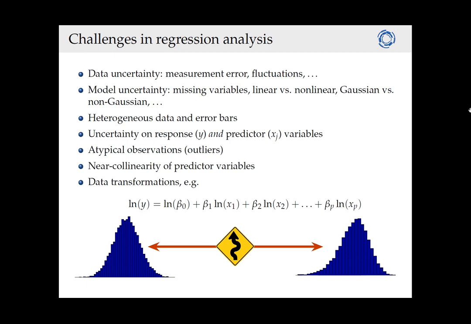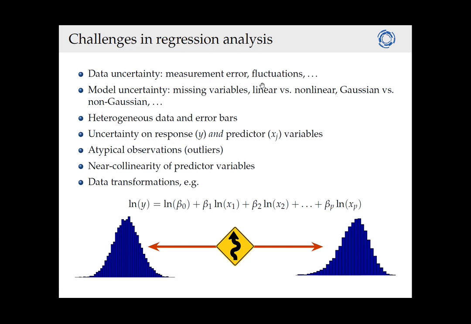Okay, I briefly talk about a number of general challenges in regression analysis. Of course, there is uncertainty in the data. It could be measurement error, fluctuations in the system, but there is generally also model uncertainty. There could be variables that we haven't included into our description of the data, and which nevertheless influence the quantities that we want to predict with our regression analysis.